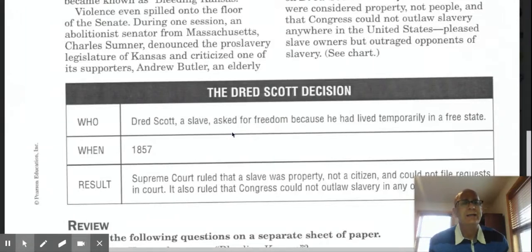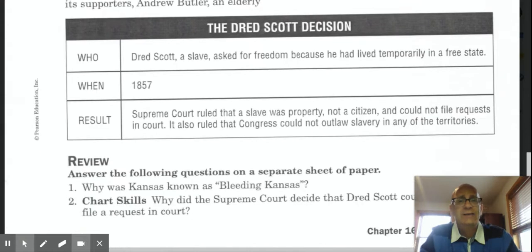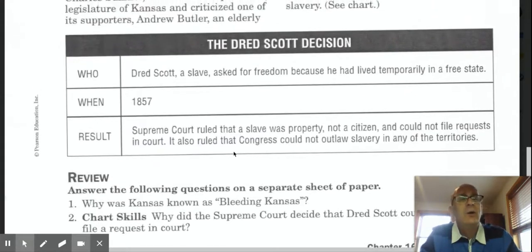The case was decided in 1857, on a court that numbered five slave owners. Of the nine judges, five were slave owners. The Supreme Court ruled that a slave was property, not a citizen, and he could not file requests in court.